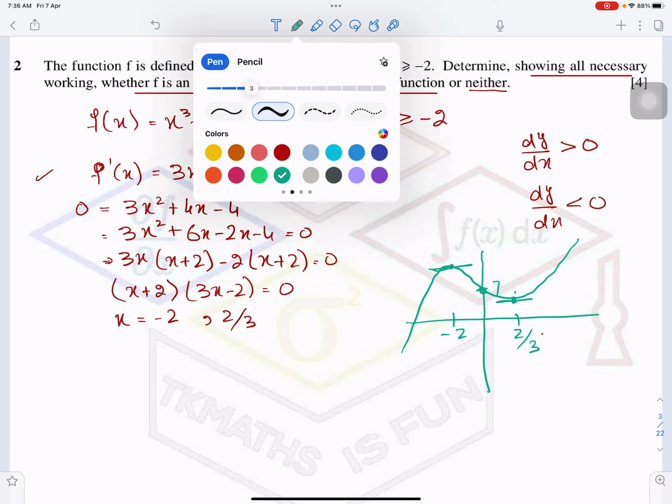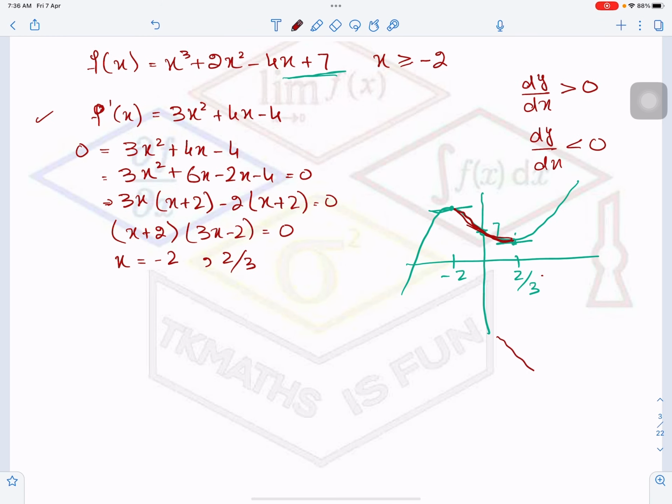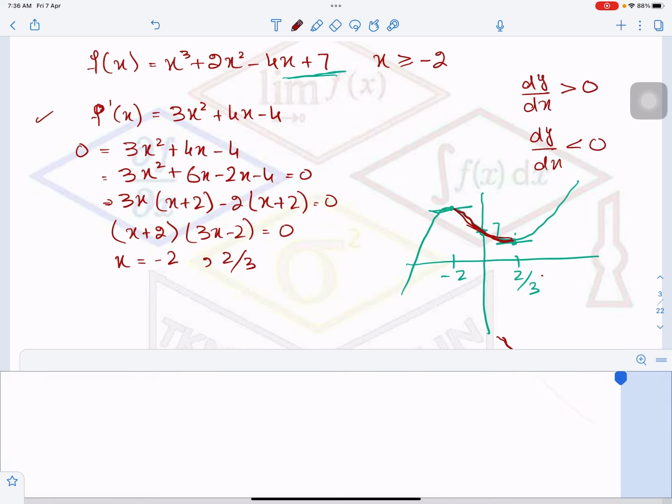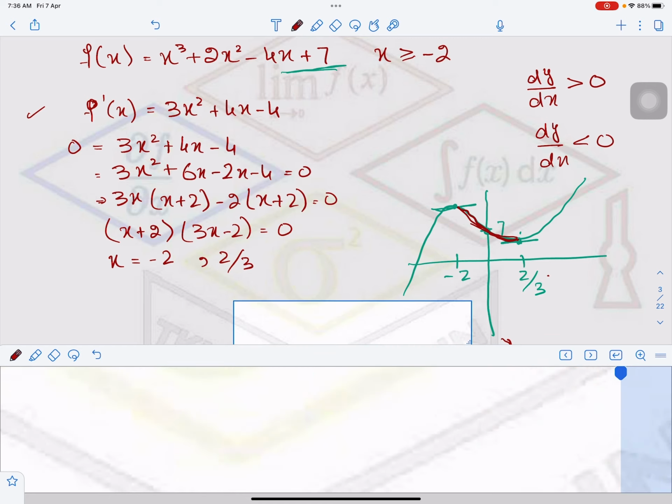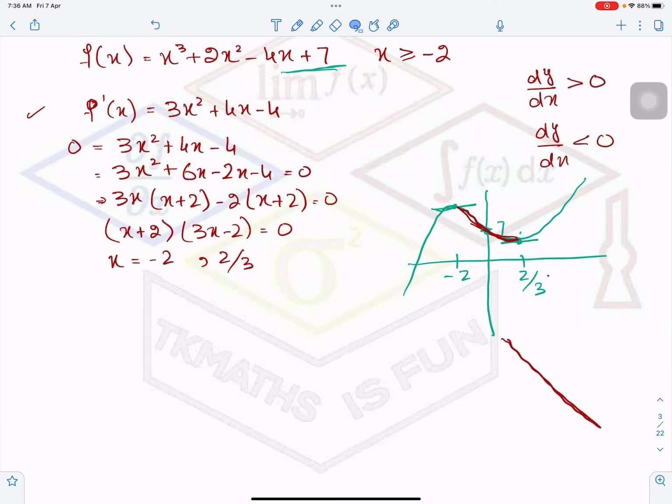Now if you look at this graph, what comes in your mind? From here to here, the gradient is negative, not positive, which means the rate of change is negative here. So I can say between minus 2 and 2 upon 3, the gradient is negative, right?